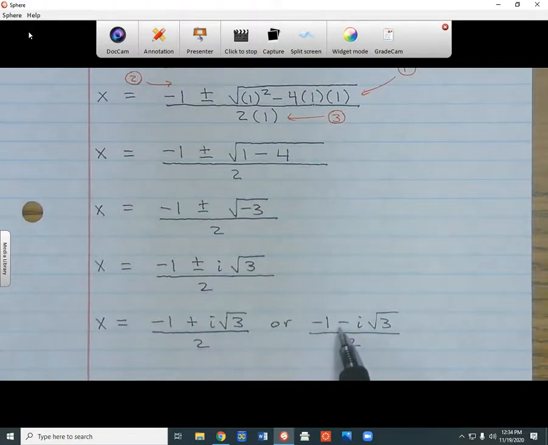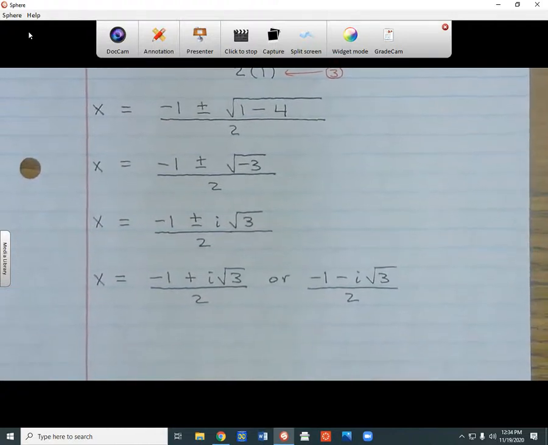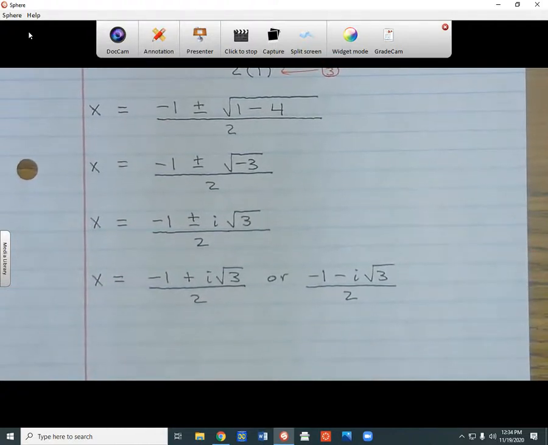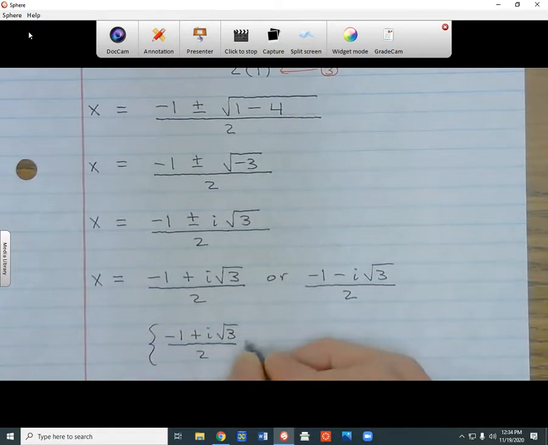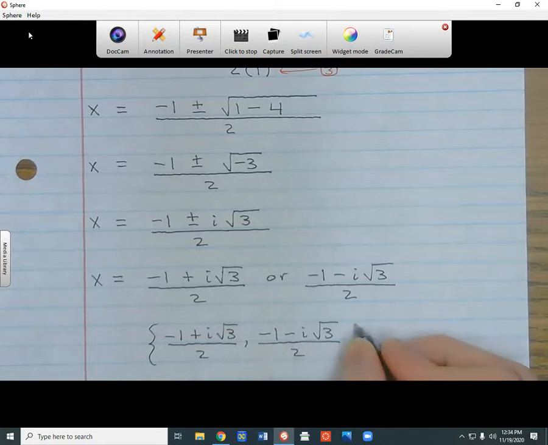So now when I make a solution set, I'm going to put both of those numbers inside there. I'm going to have negative 1 plus i square root of 3 over 2. And then I'm going to have negative 1 minus i square root of 3, where everything is divided by 2. So this is an example where we use the formula and we actually get an imaginary answer.